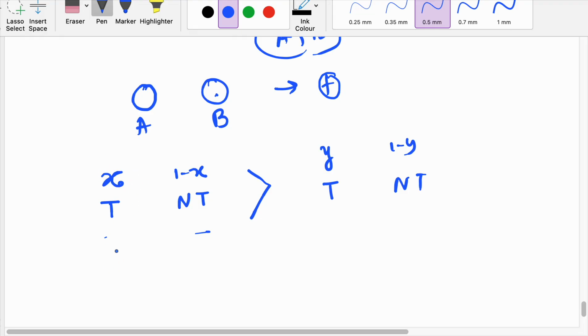And here there will be a different probability of teaching and not teaching. Now between these two uncertain events, which one do I prefer? I may prefer this one, and I may prefer this one also.